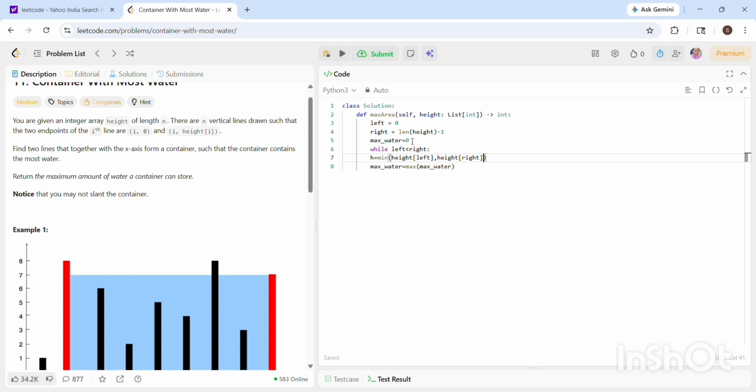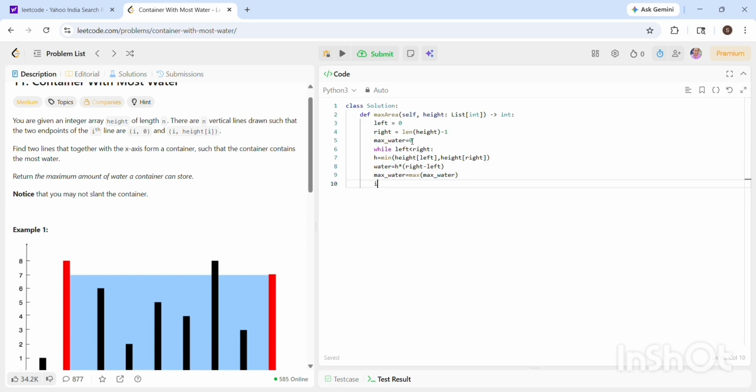We initialize the water variable as the height into right minus left.